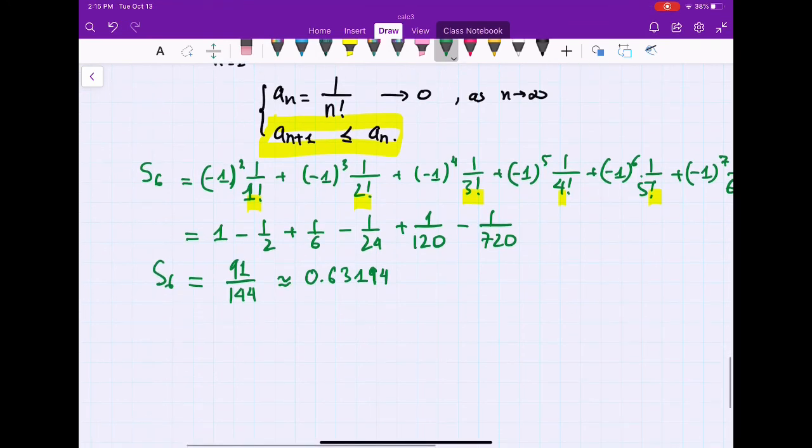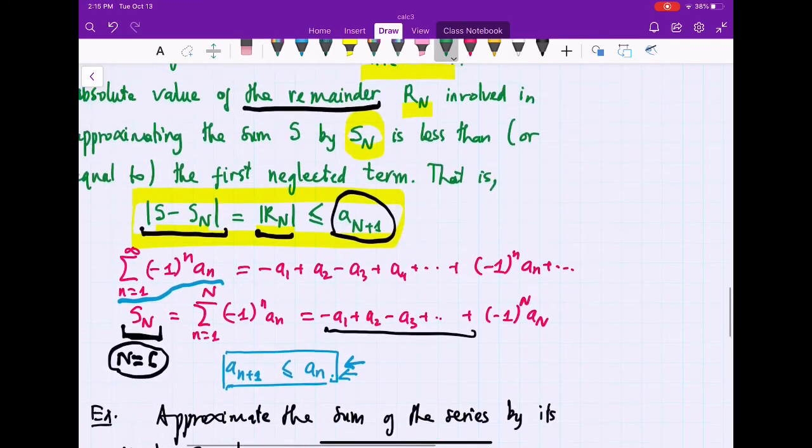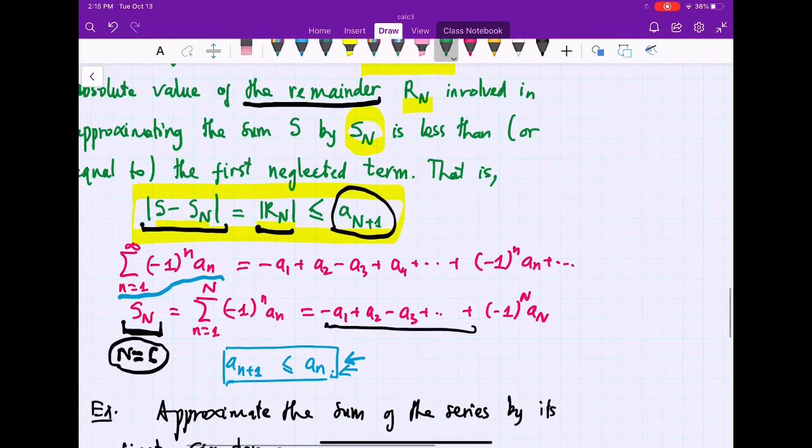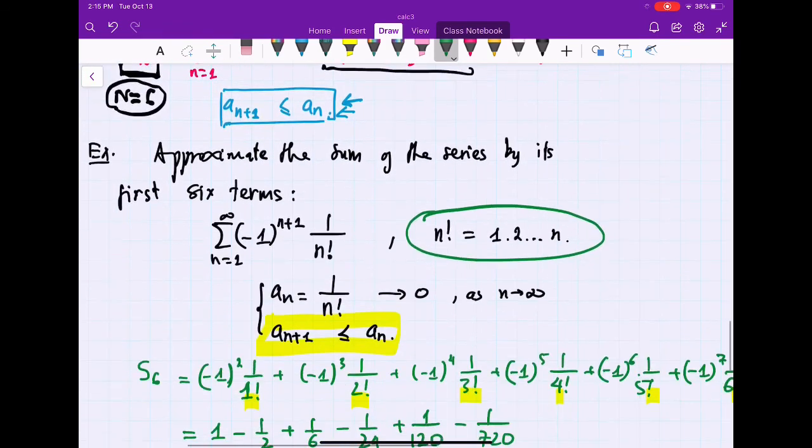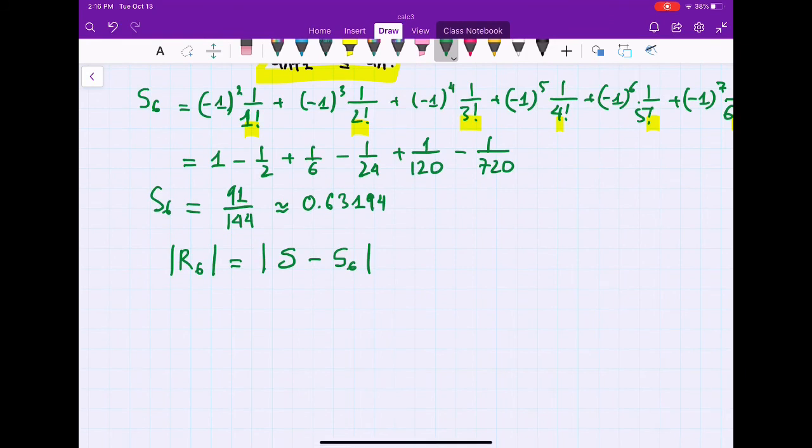So with this number, what is the remainder? The remainder R6, in absolute value, is equal to the series S minus S6. And according to this inequality, that is less than or equal to a_7, because the next term is the 7th, which is 1 over 7 factorial.